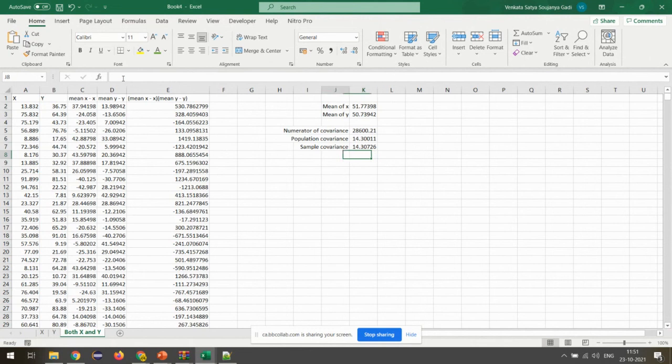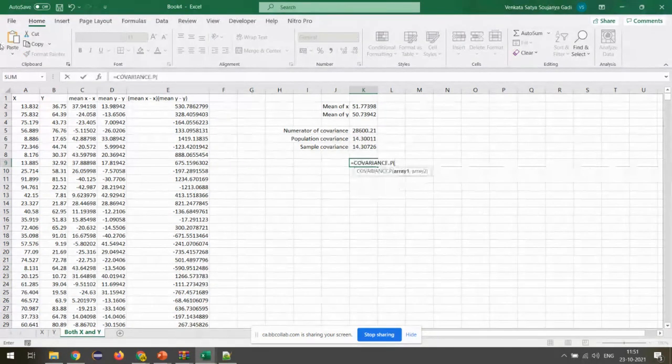So we get this value. Let me calculate and see what Excel gives. Covariance, the population, need to select X.